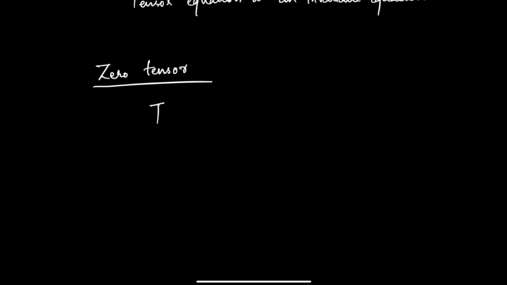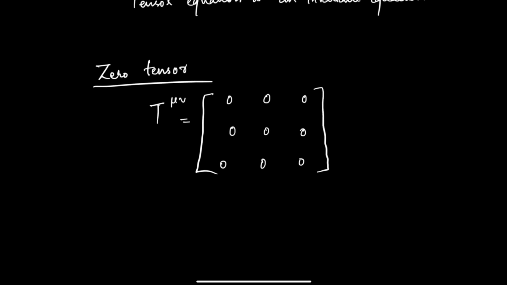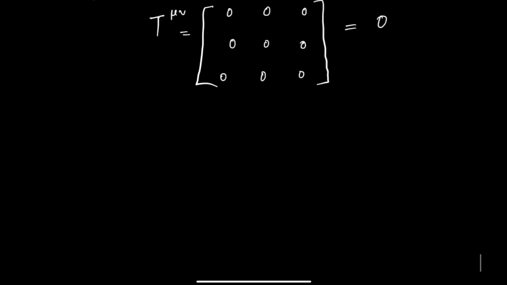For example, T mu nu is equal to... see here all the components are 0, right? So zero tensor means all the components must vanish. Then this tensor is a zero tensor. Otherwise, it is not a zero tensor.